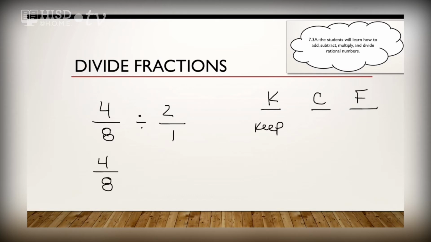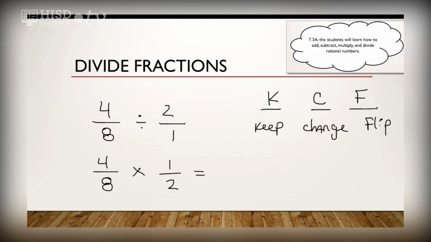We are going to change the division sign by a multiplication sign, and we are going to flip the second fraction from 2 over 1, and we're gonna make it 1 over 2. So this is a way to tackle division of fractions by using KCF.